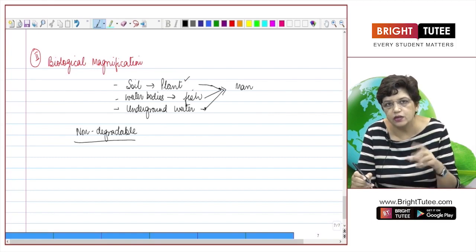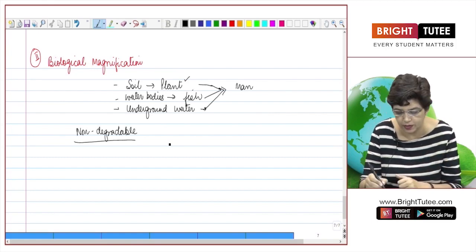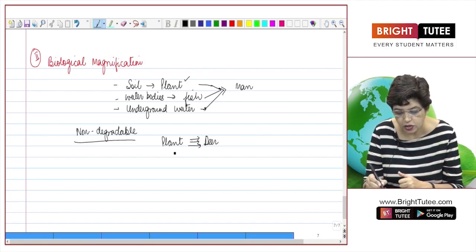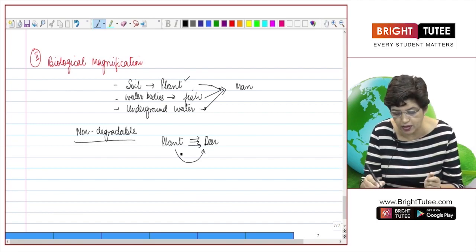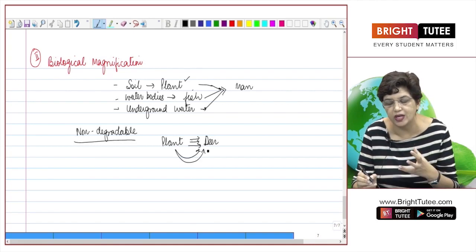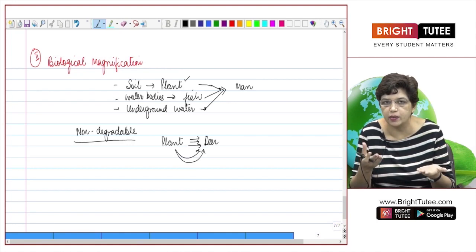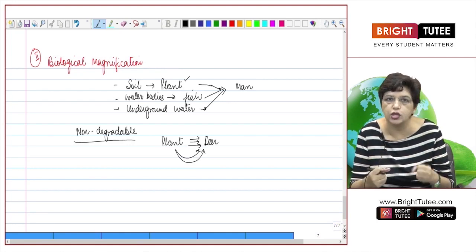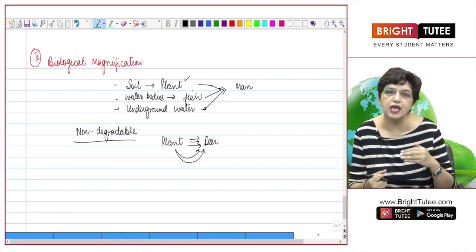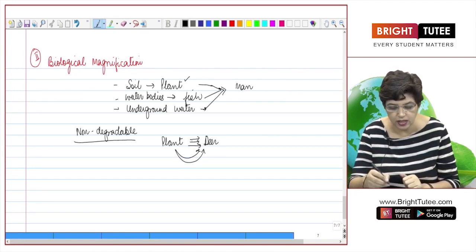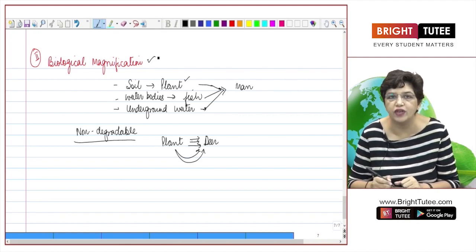Suppose a deer is repeatedly eating plants every day. The harmful chemicals are supplied continuously to its body and get accumulated because they are non-degradable. So the concentration of these harmful chemicals keeps on increasing as we go into the higher trophic levels. This is called biological magnification.